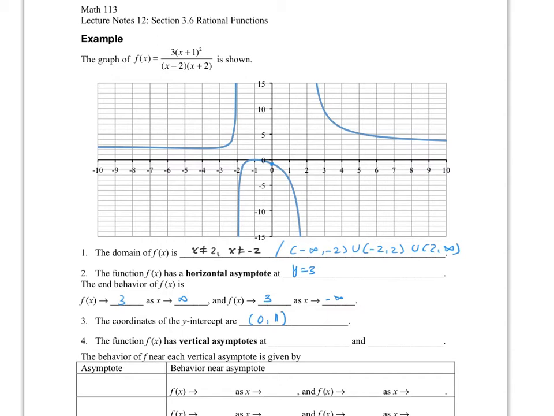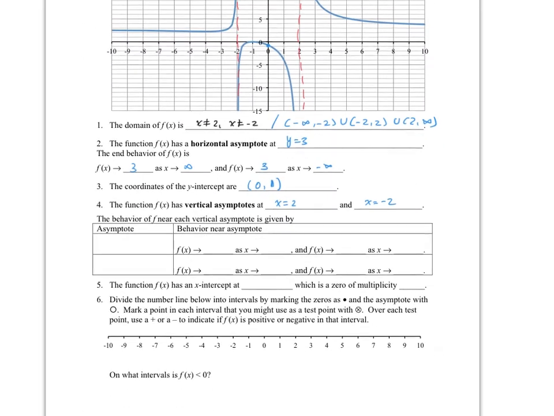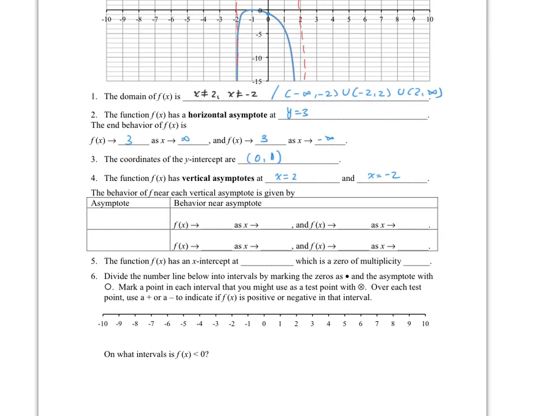And then the function has a vertical asymptote again at x equals 2 and x equals negative 2, which is here. Now, the end behavior near the asymptote: as you're approaching 2 from the right side, this goes to infinity.